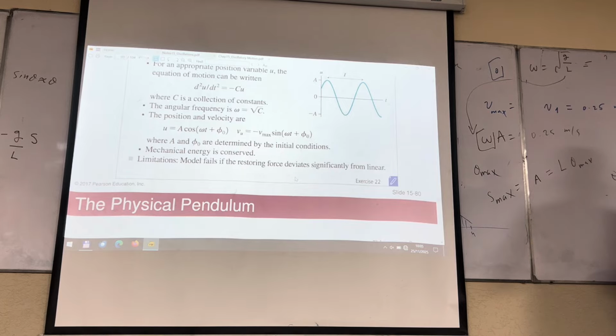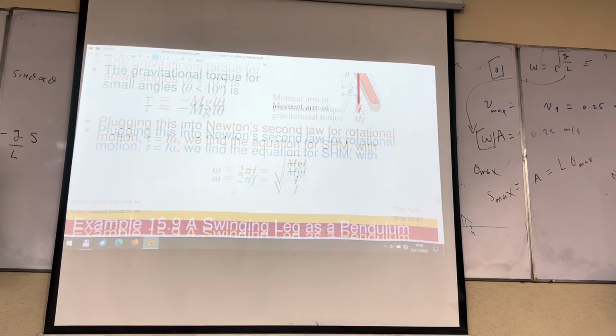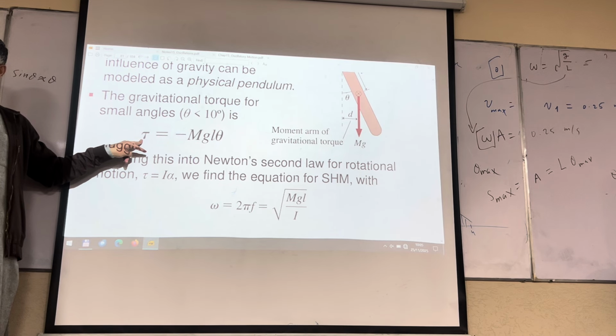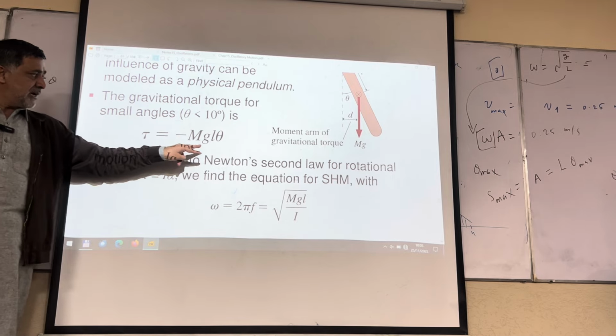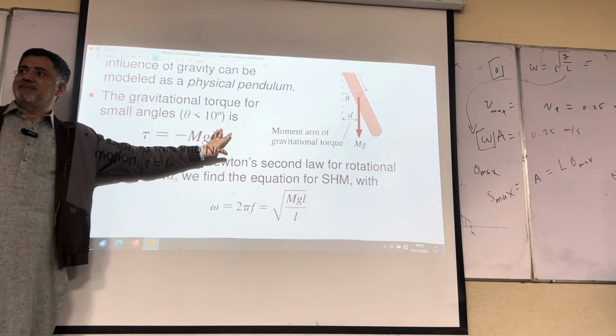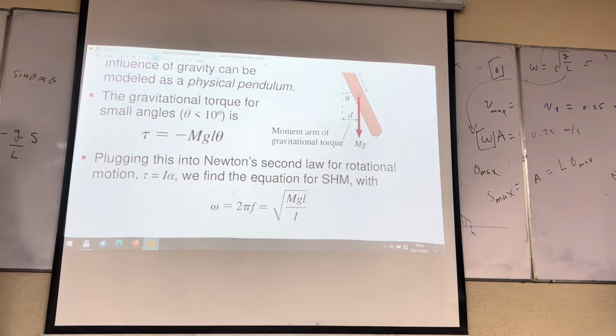Mass will be replaced with moment of inertia, and you typically see I, capital I, and force is replaced with torque. समझ आ गई बात? तो आप देख लें कि यहां पे टॉर्क हो गया, और वो जो आर्क लेंथ है वो क्या हो जाएगा? L टाइम्स थीटा, राइट? तो ये आपका S हो जाएगा, और ये आपका M टाइम्स G है. ठीक है?